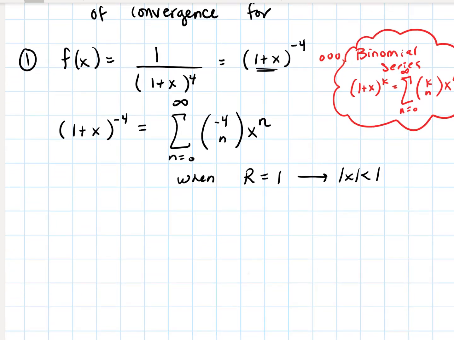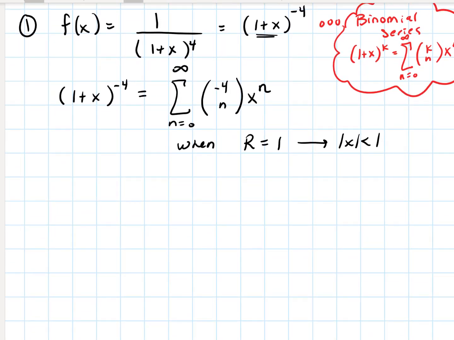So remember that that is the same as saying negative 4, negative 5, negative 6, out to negative 4 minus n plus 1, all over n factorial. So that is simply the expansion for that coefficient.